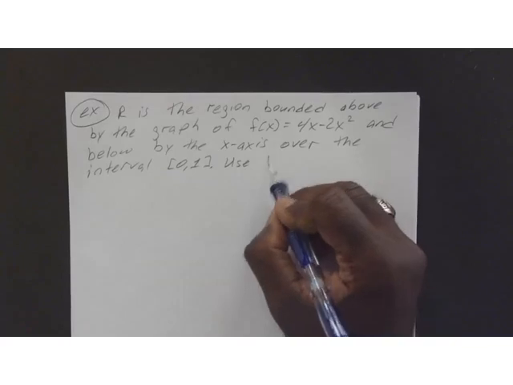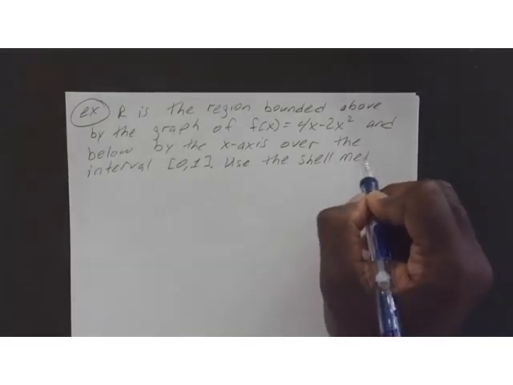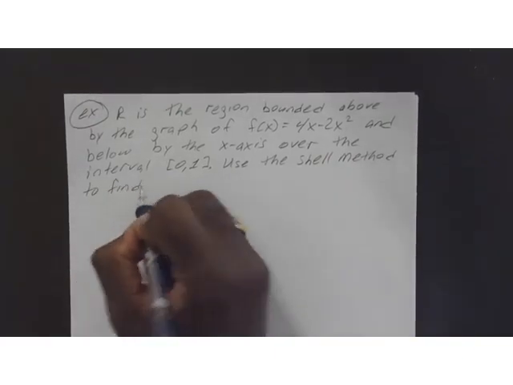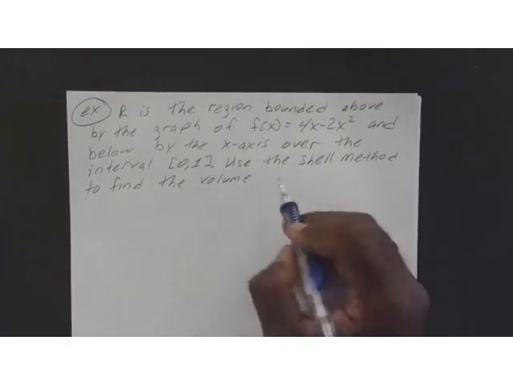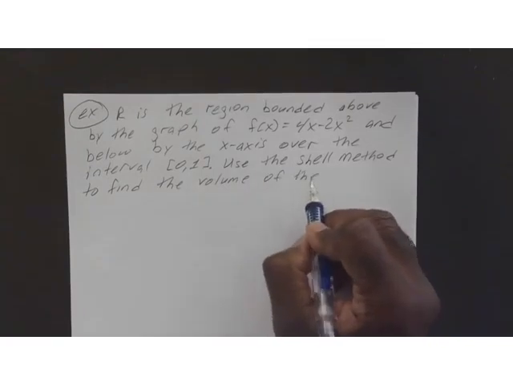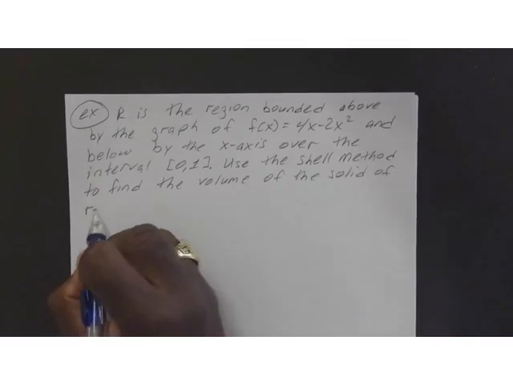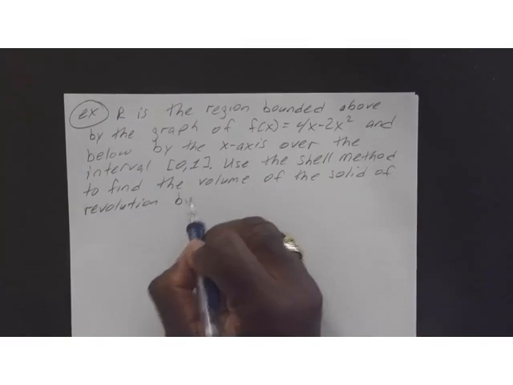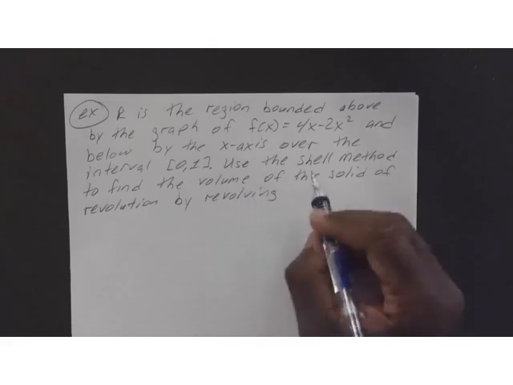Okay, so we want to use the shell method to find the volume of the solid of revolution by revolving our region around the y-axis.